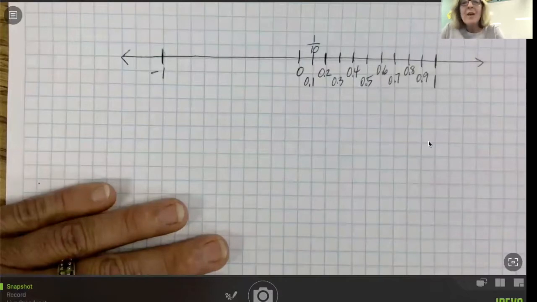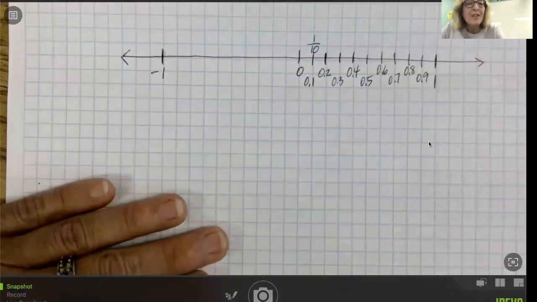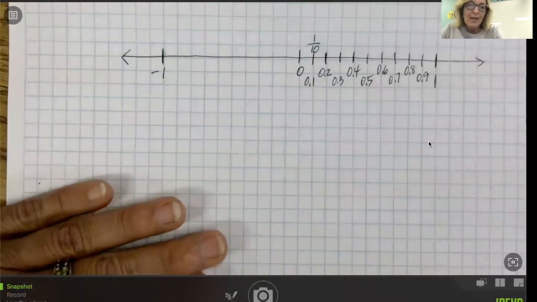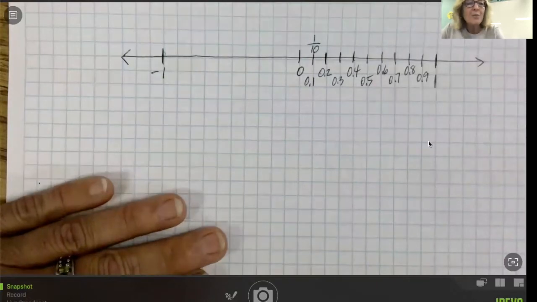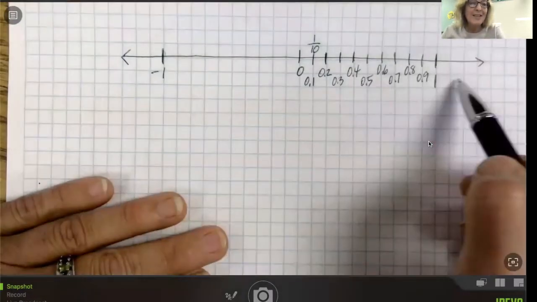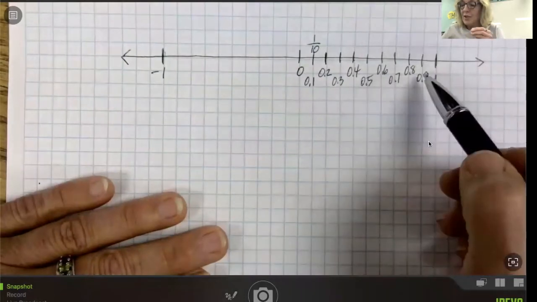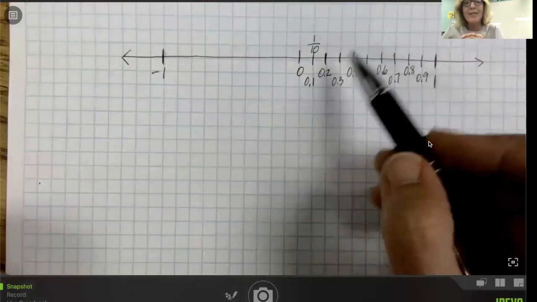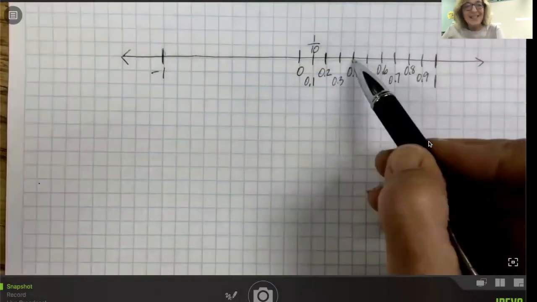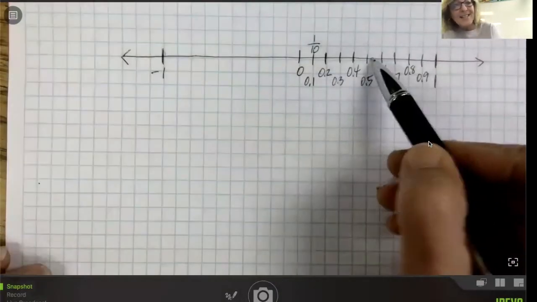Okay, so now what we want to do is we want to put the fraction equivalents above the number line. Now, we want the fractions to be in their simplest form. So if you think about the way these decimal numbers are said, the fractions are said the exact same way as a starting point. So we could say 2/10, 3/10, 4/10, 5/10, 6/10, 7/10, 8/10, 9/10, right?